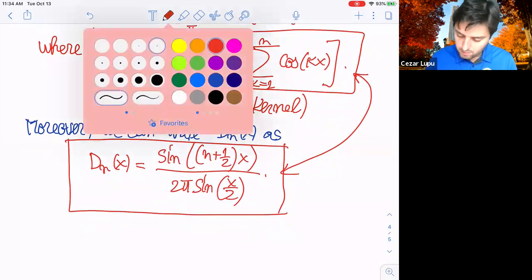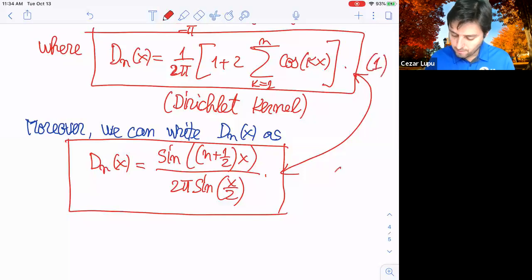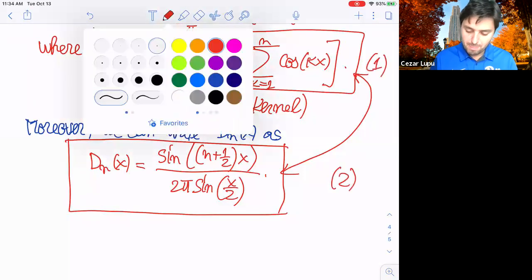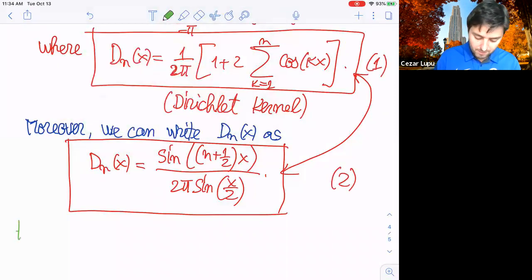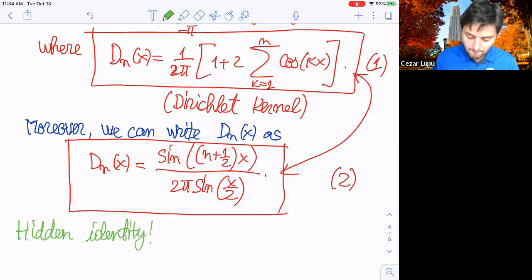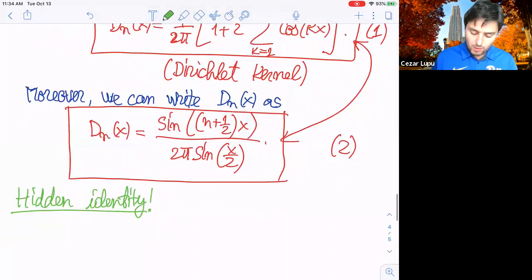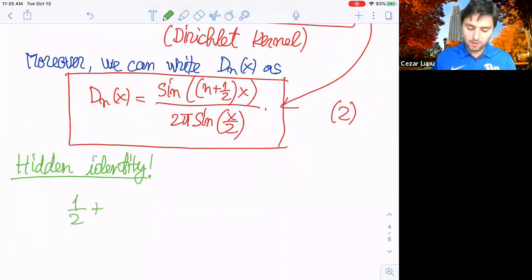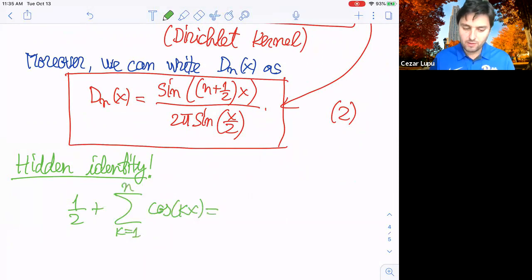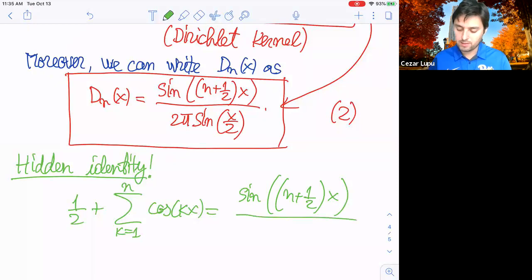This is 1, and this is 2, and the hidden identity here, well, it's not that hidden, is the following. 1/2 plus the sum of all these cosines is nothing else than sine of (n plus 1/2) x over 2 sine of x over 2.